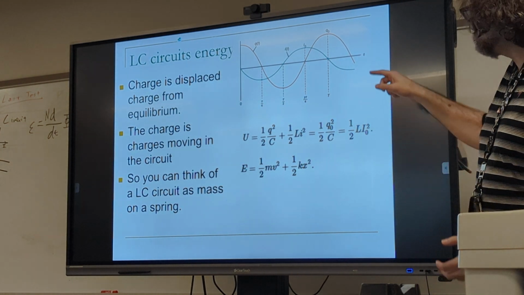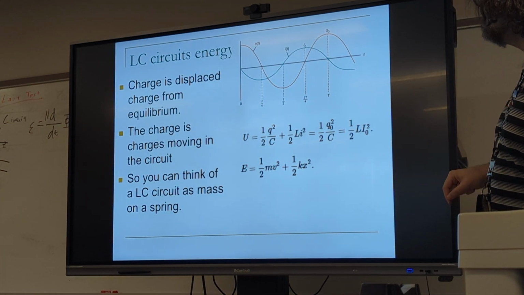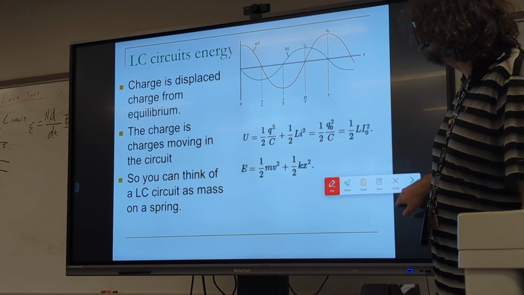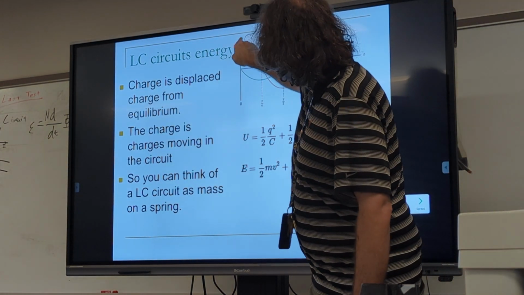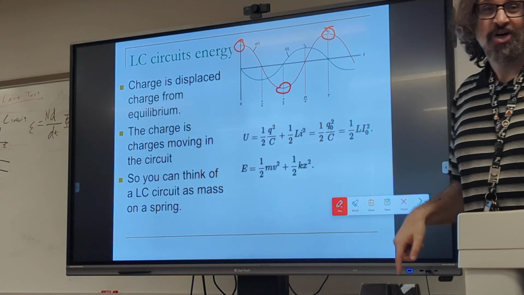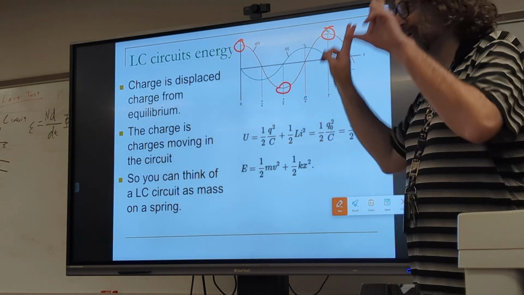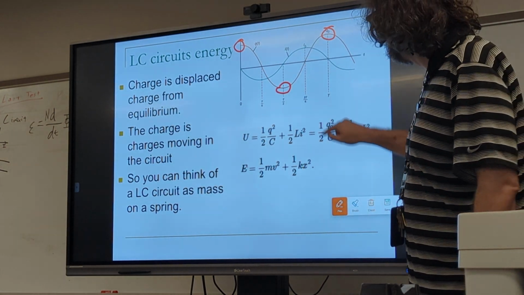Just like before. Because you can look on the graph, where do we have maximum potential energies? What locations? There. Here, here, and here. Look at the velocities at each of those locations. Zero. They're all zero. Where do we have maximum kinetic energy?